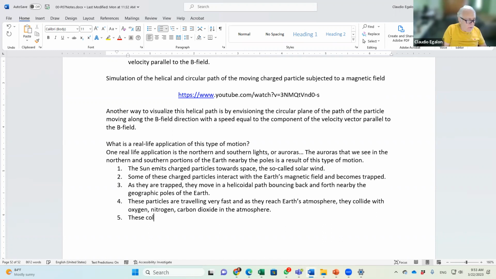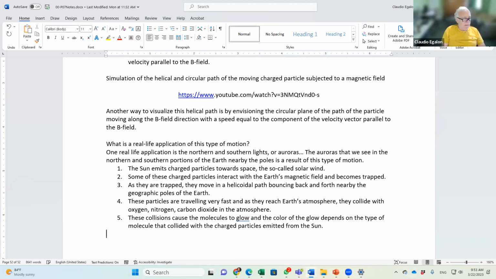These collisions cause the molecules to glow, and the color of the glow depends on the type of molecule that collided with the charged particles emitted from the sun. Okay, that's one of the applications.